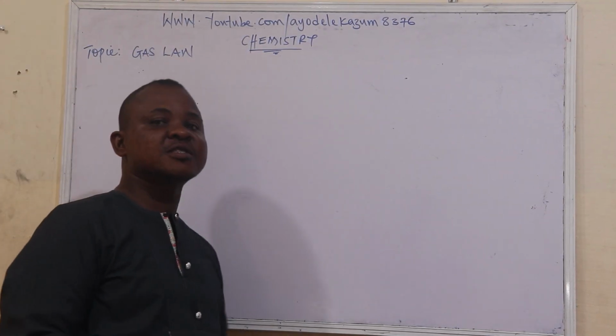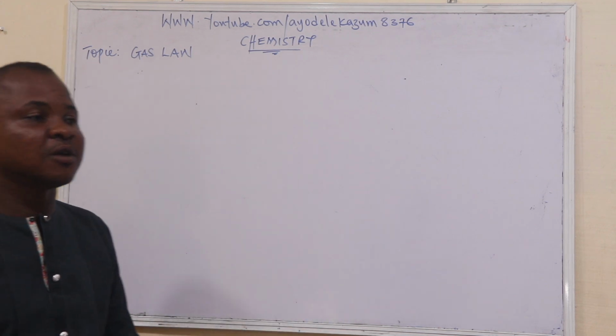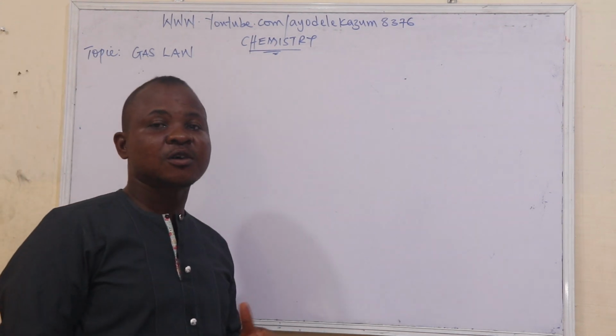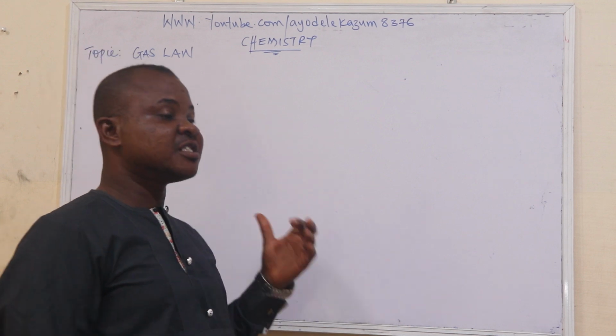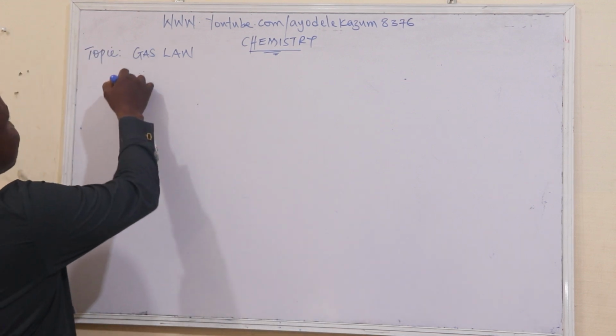This is the fourth video in our gas law series. We started with Boyle's law, then moved to Charles's law, then the general gas equation. Now we are at the ideal gas equation.